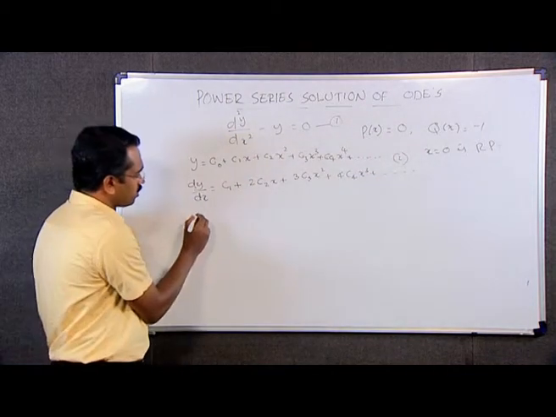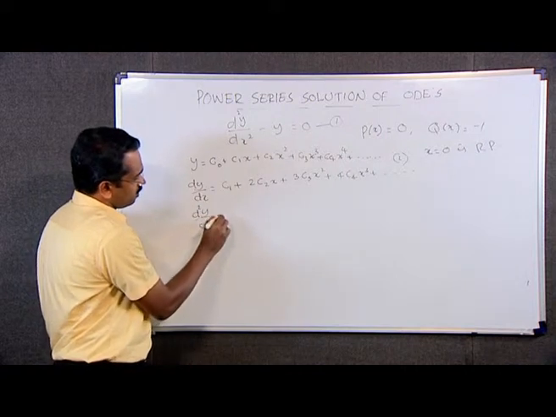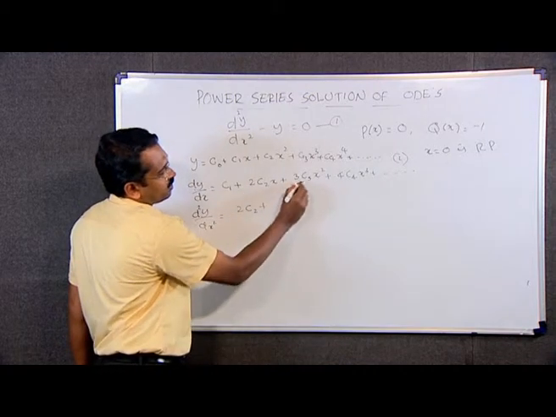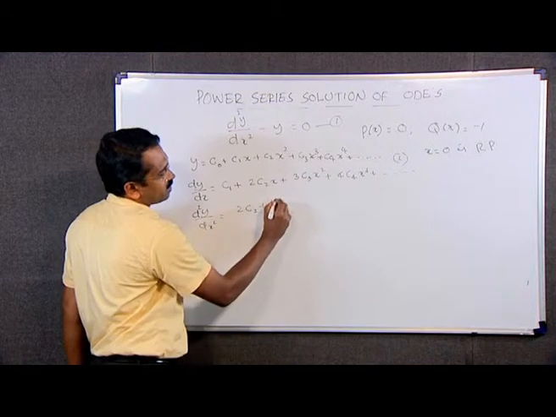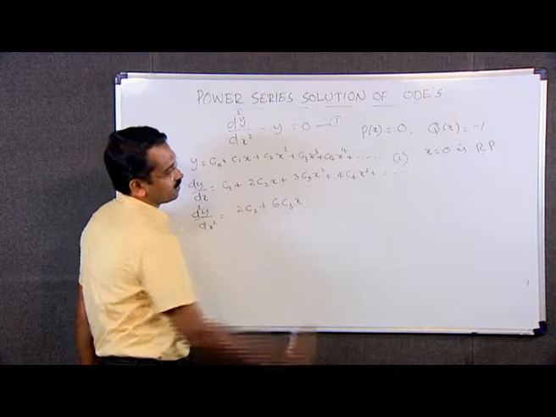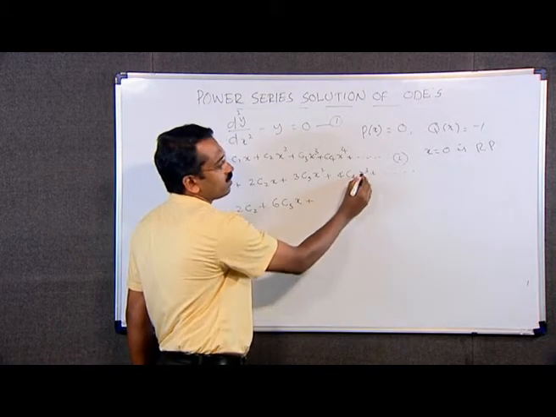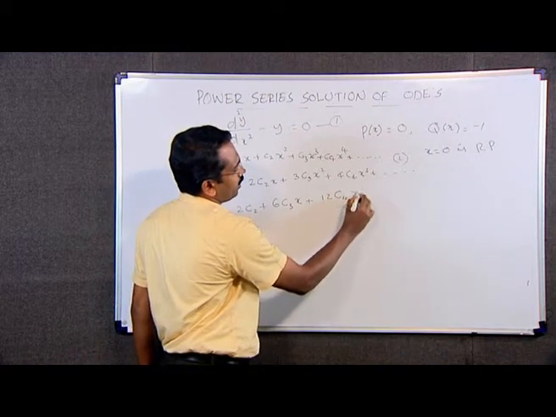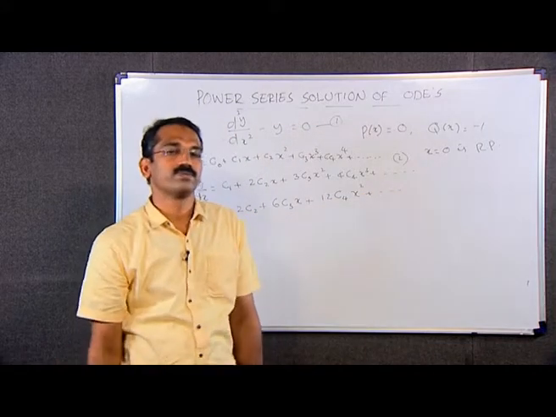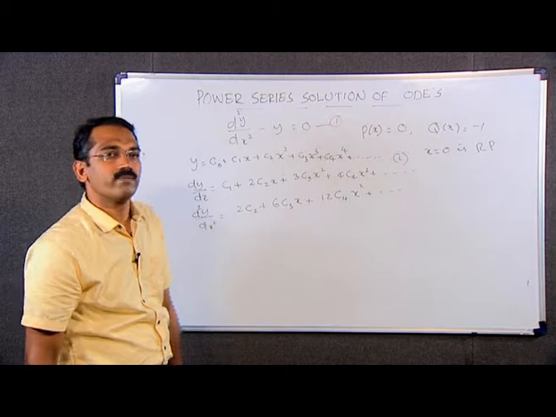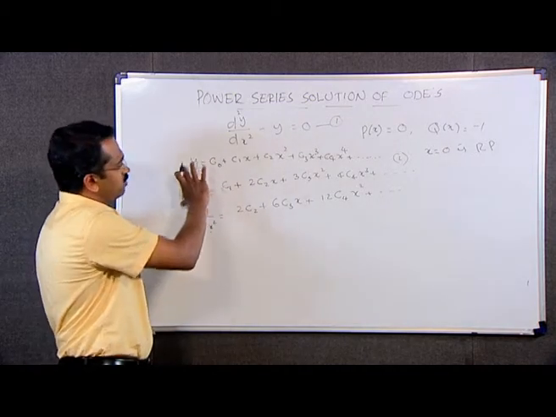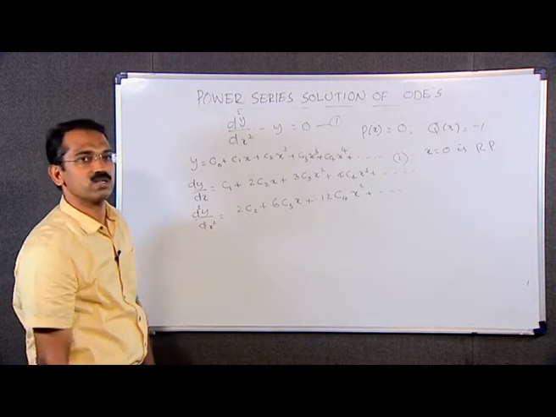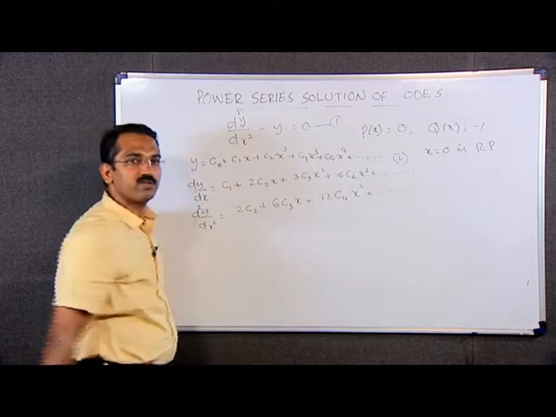And d square y by dx square is equal to 2 c2 plus 3 c3 into 2x means 6 c3 x plus here 4 into 3 is 12, 12 c4 x square plus etc. Now, we substitute these values, that is y, y' meaning dy by dx, and the second derivative d square y by dx square in this given differential equation.